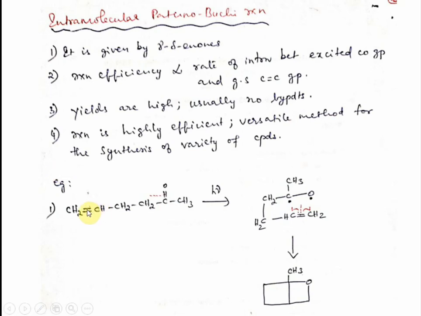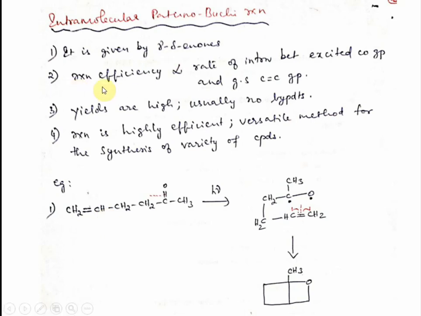In the next step, in the C=C bond, one carbon will get cleaved homolytically, so this carbon will have one electron, the neighboring carbon will have another electron. There will be addition and formation of oxetane. So both ketone functional group and alkene functional group are present in the same substrate.